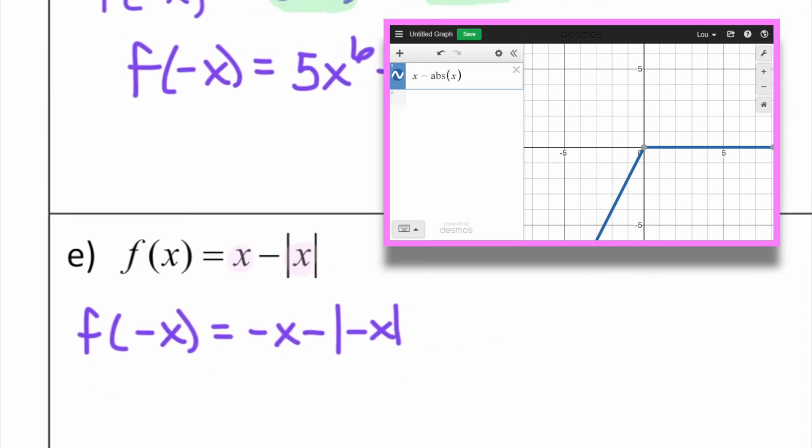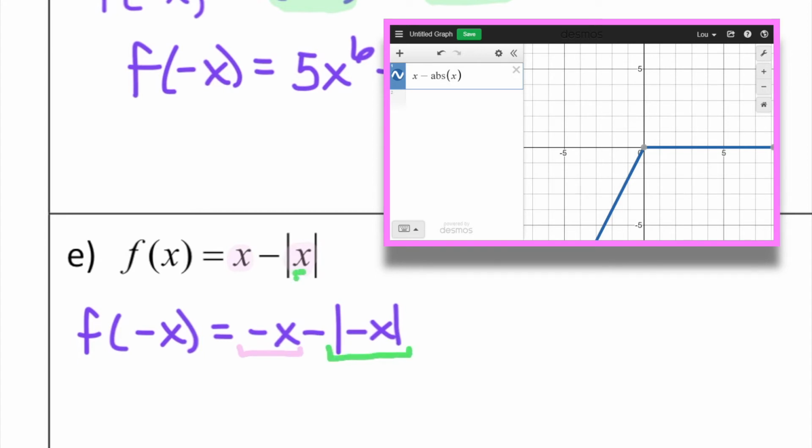Now remember that the concept of even and odd is basically asking you, does that part of the function change sign or not? And so here, this term changed sign. That's not the tricky one. I want you to think about absolute value.